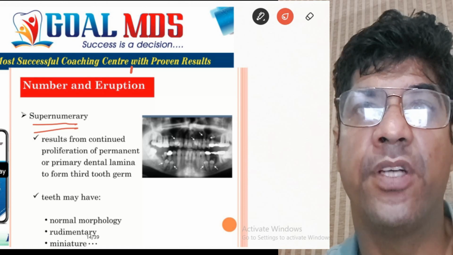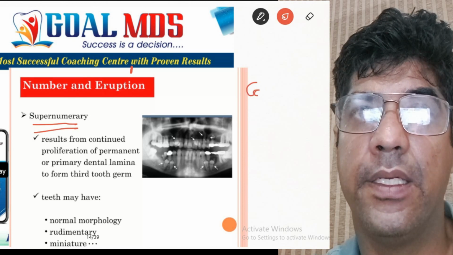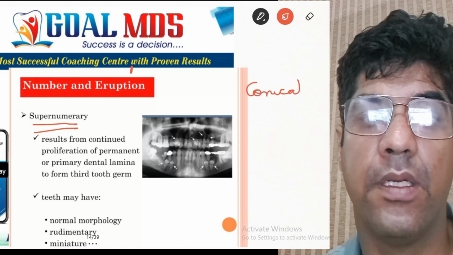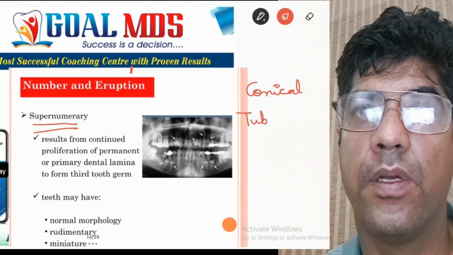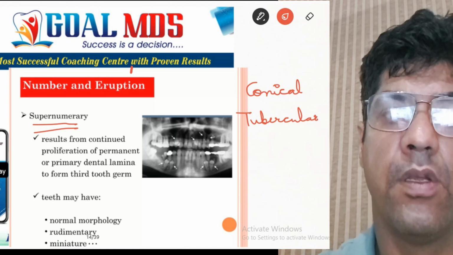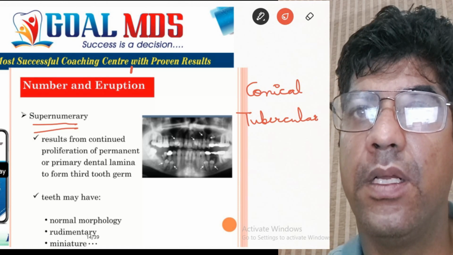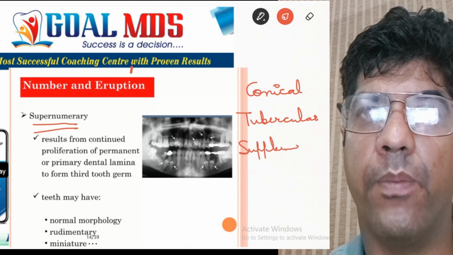There are 4 types of supernumerary teeth: conical, tubercular, supplemental, or odontome.